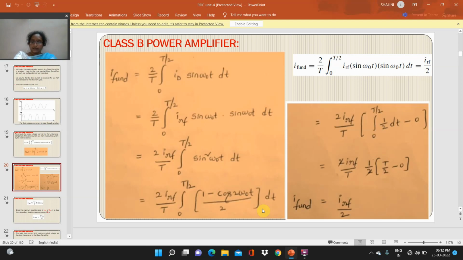Here the 2 gets cancelled and it is IRF by T into T by 2 minus 0. I fund is equal to IRF by 2.